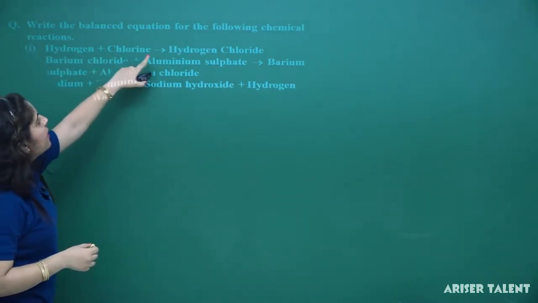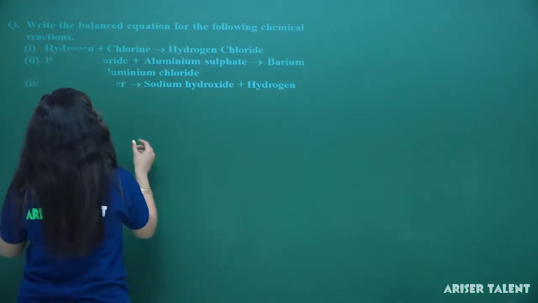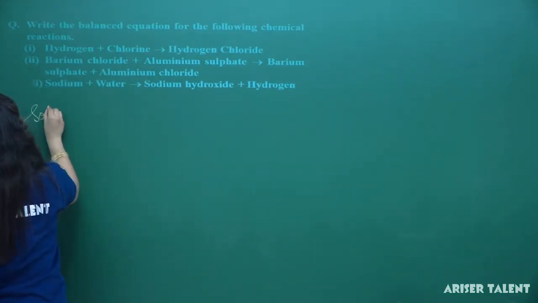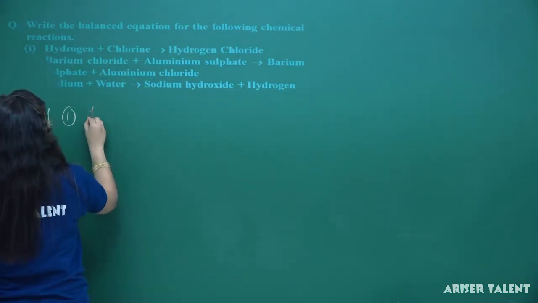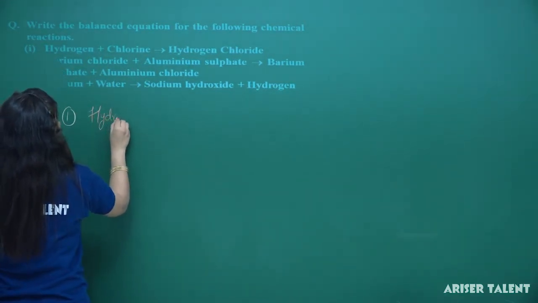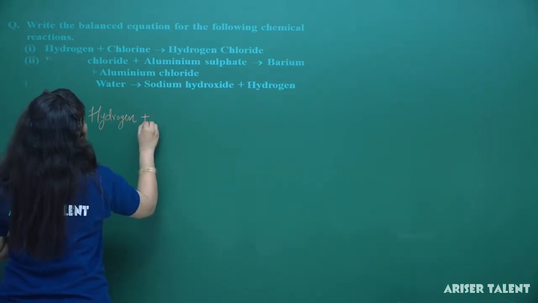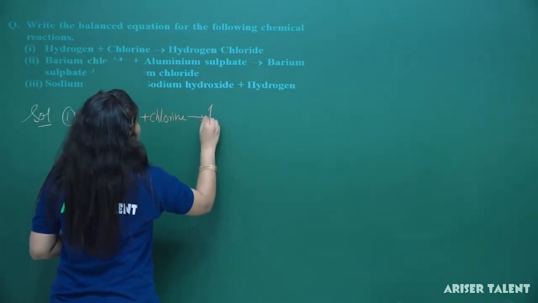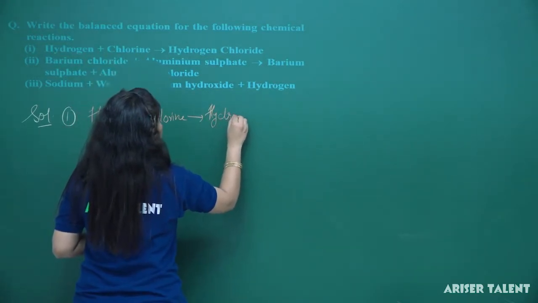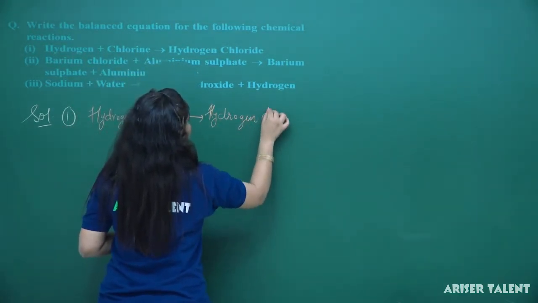Hydrogen and chlorine react with each other to give hydrogen chloride. So in the first case we have considered hydrogen plus chlorine gives us hydrogen chloride.